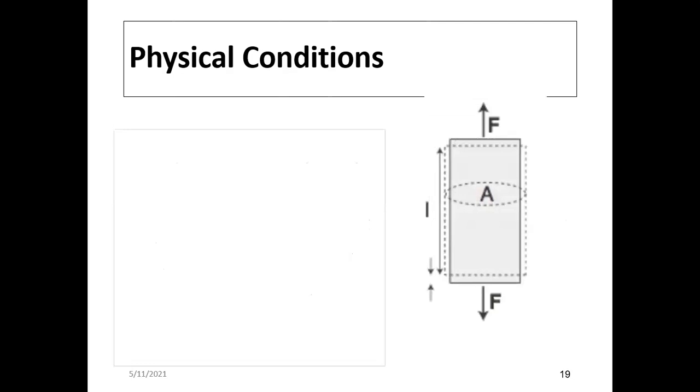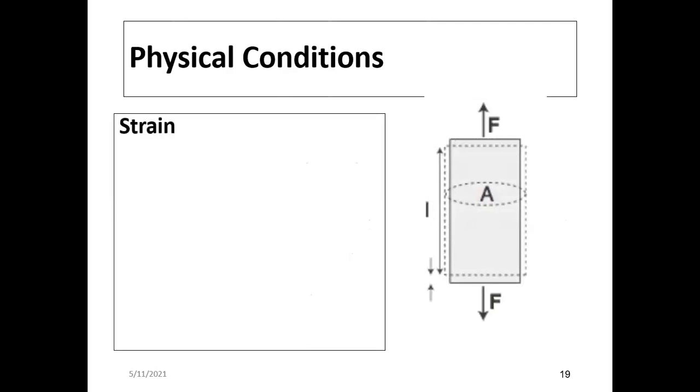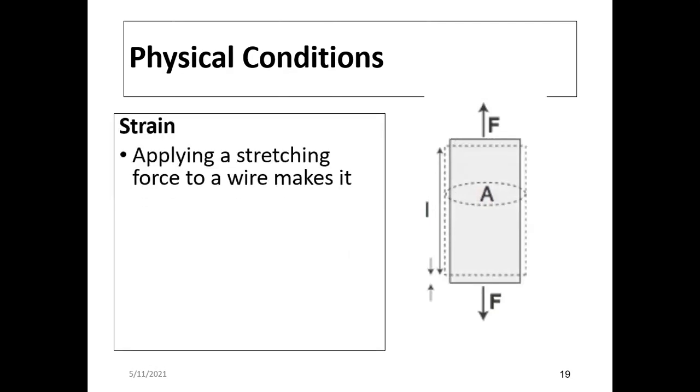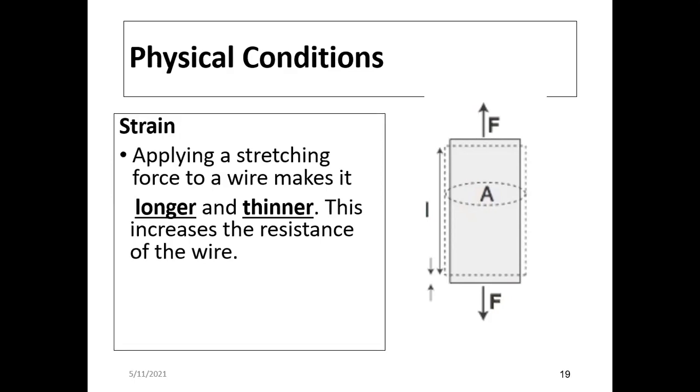Right? The other thing would be stretching, strain, stretching force. Applying a stretching force to a wire makes it longer and thinner. As this diagram shows you, the dotted line is the original size of the material. When you stretch it with a force, the cross-sectional area becomes smaller and the length becomes longer.